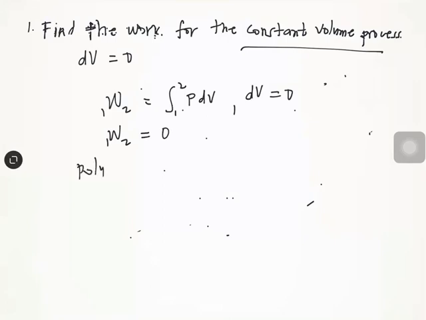For a polytropic process with n approaching infinity, our work is also 0. Okay.